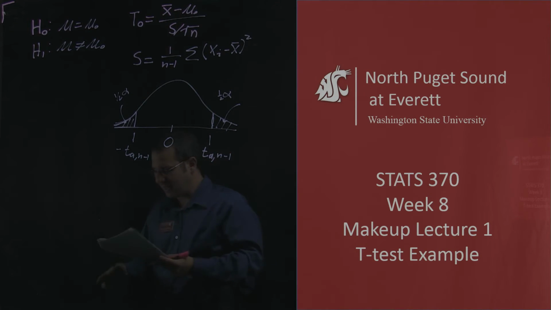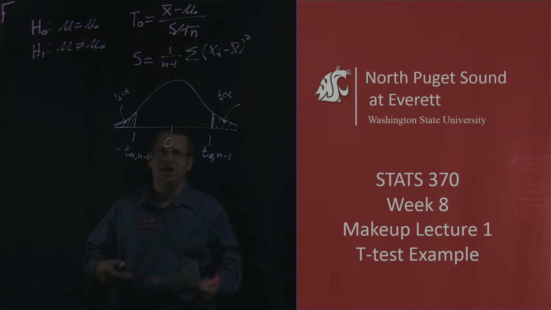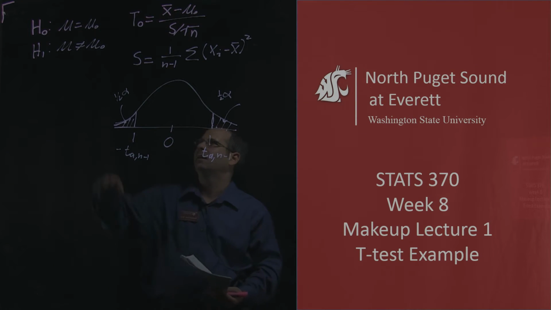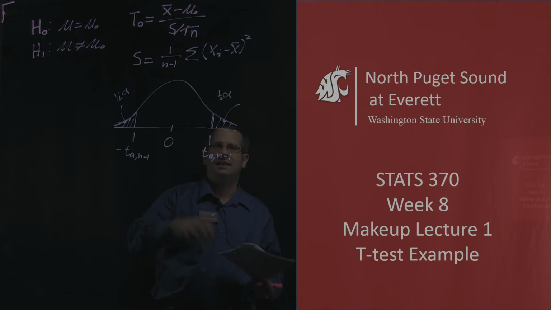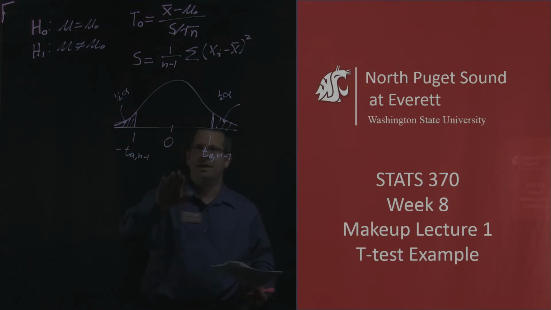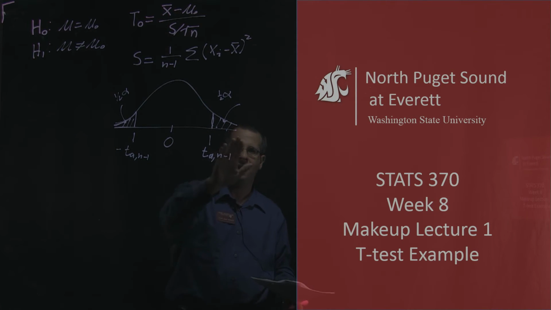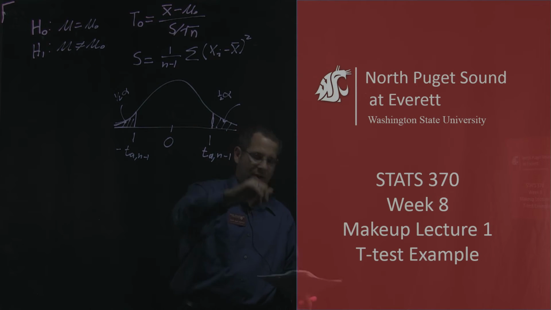And I can make statements like we will reject H naught if the sample value I get is outside of this area, because it implies that if mu naught was my true mu, then I would probably find a value for my sample somewhere in this area, not out on the edges.